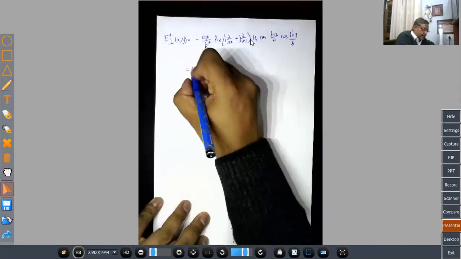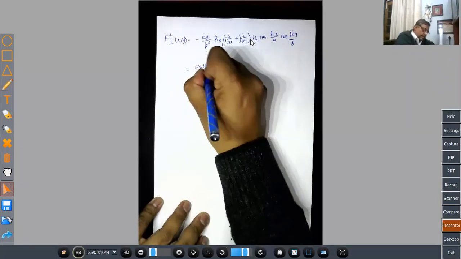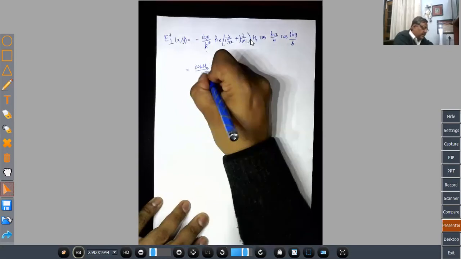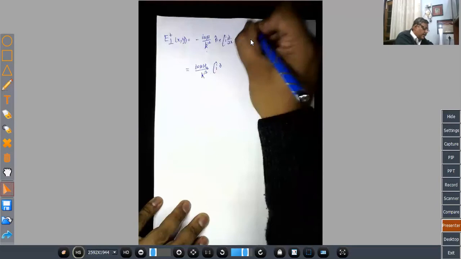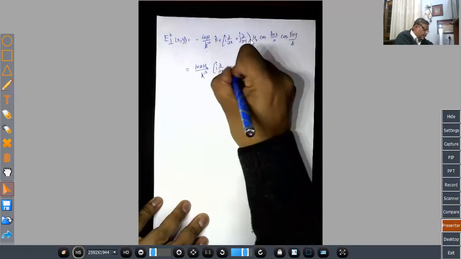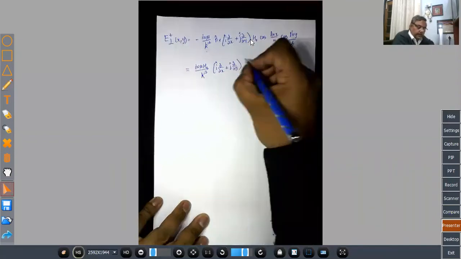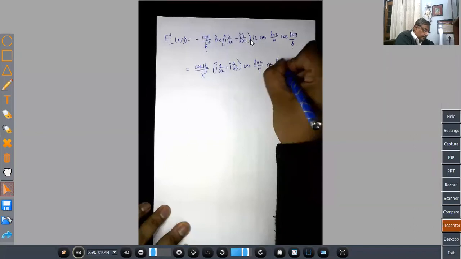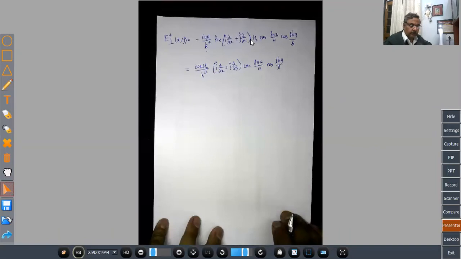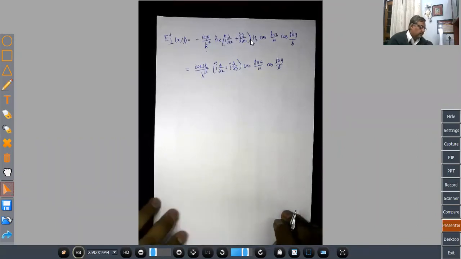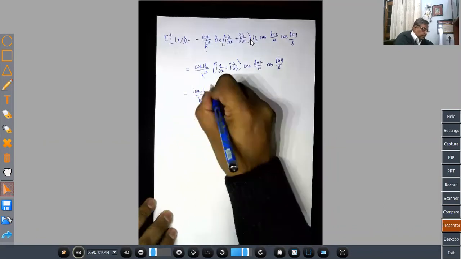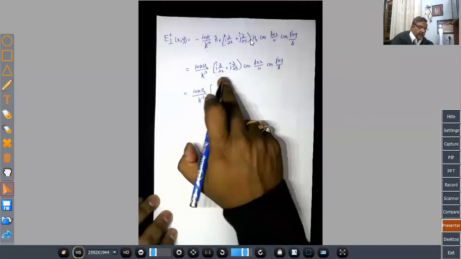Now I will substitute the value of k dash. Now let us first rearrange the terms. We will perform these differential operations.